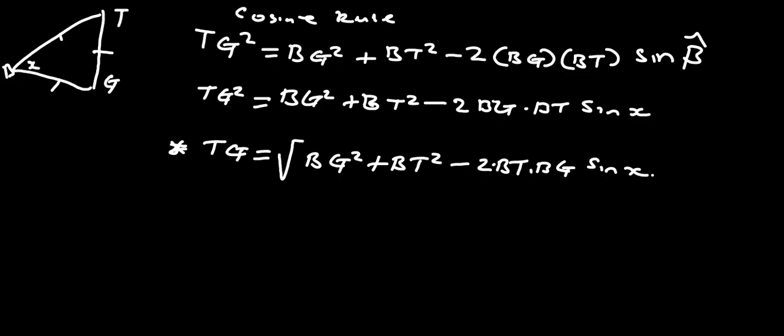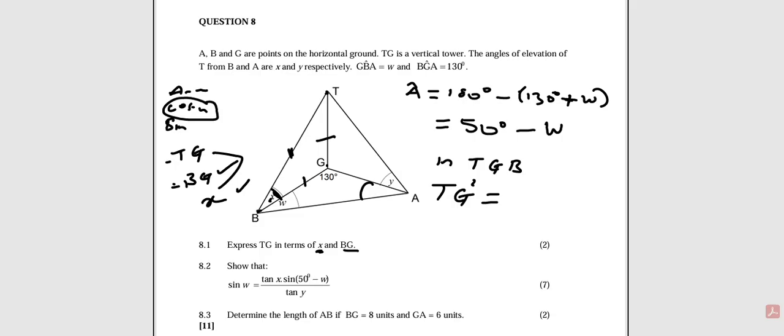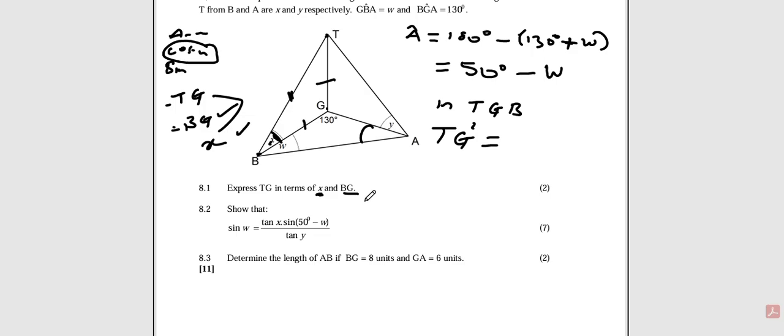So let me try to check. Okay, so here that question, this is show that the sine v equals tan x sin of 50 degrees minus w, and then tan y. So as I was saying, for us to express everything, we need to check something.